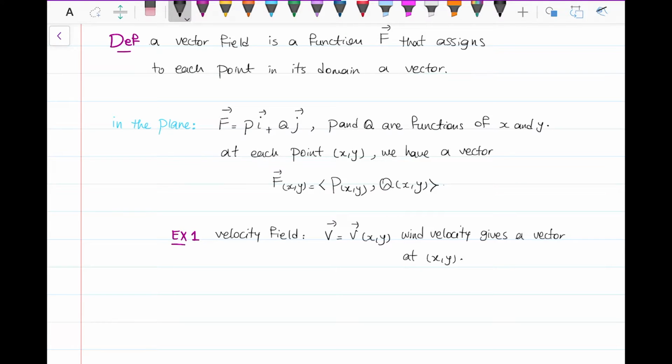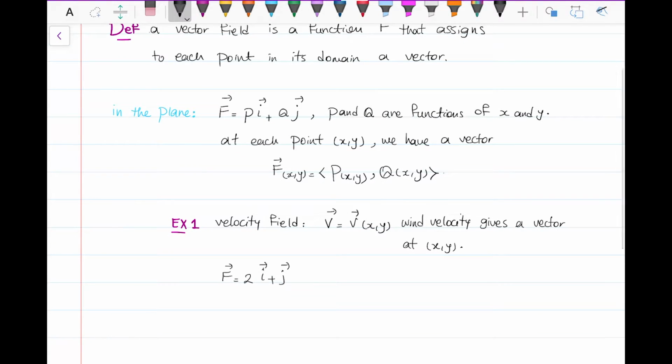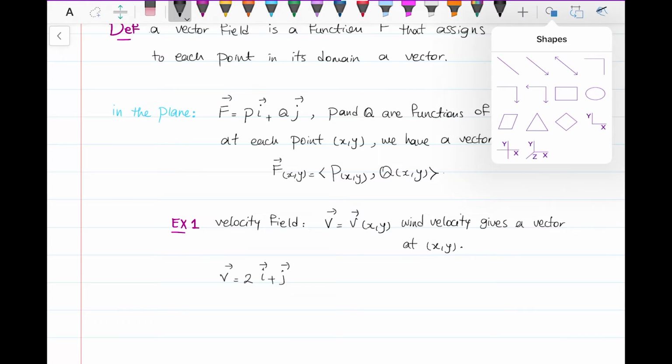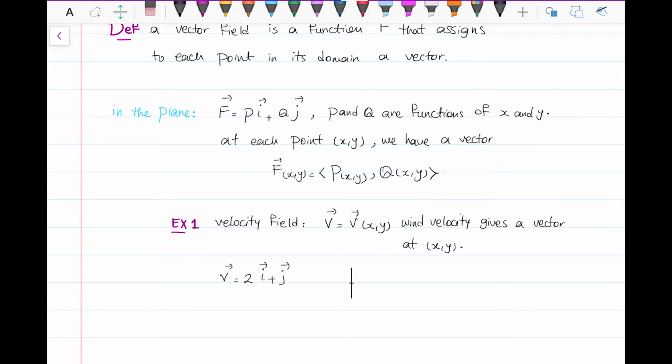Okay? For example, it could be something like this: 2i plus j. This could be a velocity vector field. Oops, let me write this as V, with the constant velocity at every point. Let me graph this vector field. This is a vector field in R2, since we have two coordinates in here.